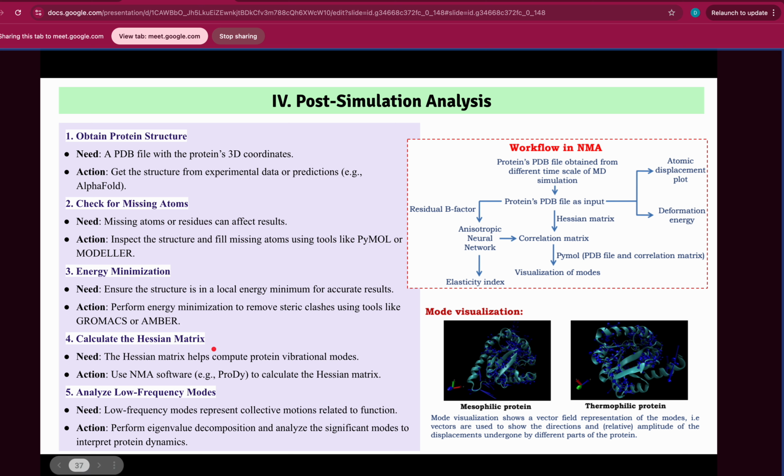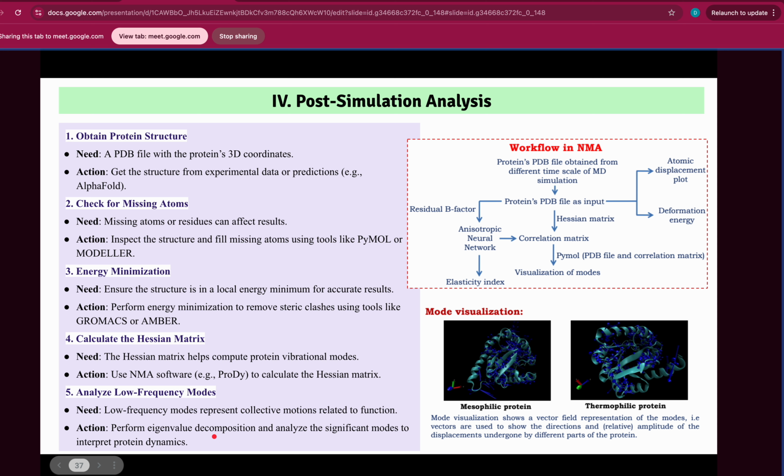Then we calculate the Hessian matrix, because in NMA we use this Hessian matrix. This is very important, and it was not used in MD simulation. The Hessian matrix helps to compute the protein vibrational modes. Then we use NMA software, which is Brody, to calculate the Hessian matrix, and we analyze the low frequency modes. Low frequency modes mean the collective motions which are related to function.